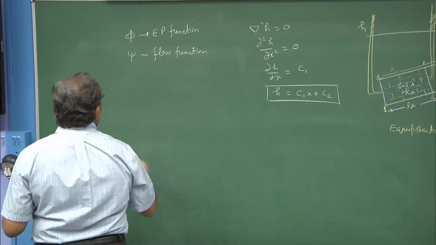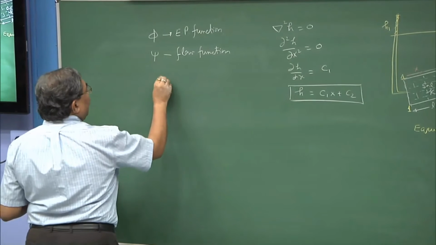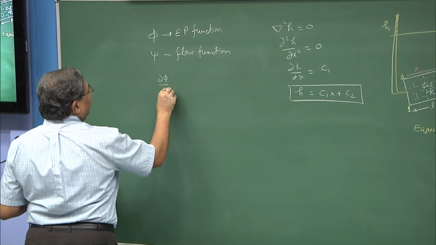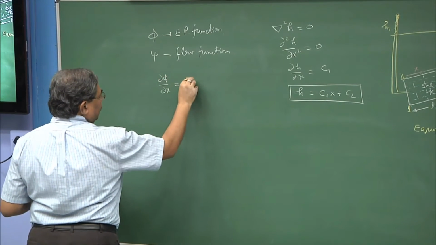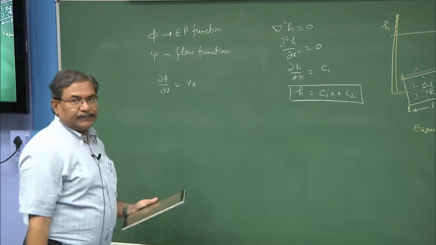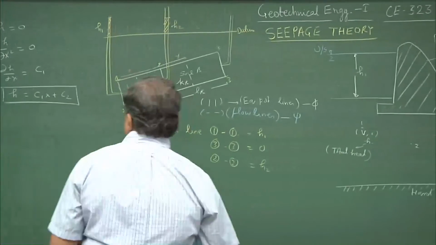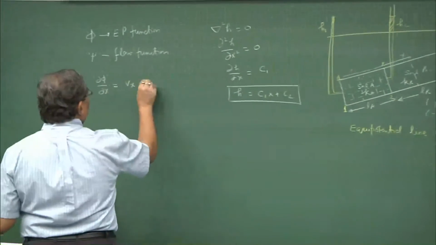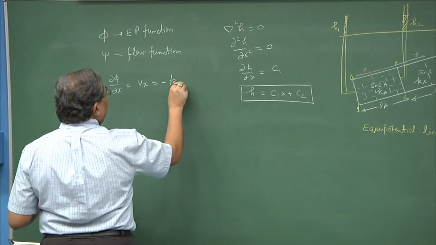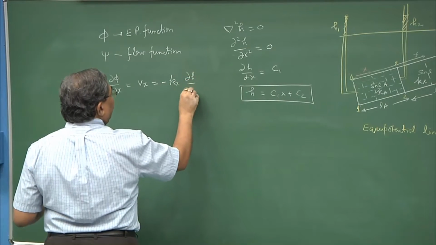The characteristics or the properties of these functions are that if I say del phi by del x, this will be equal to Vx. All right. And this is what is equal to minus kx del h upon del x.